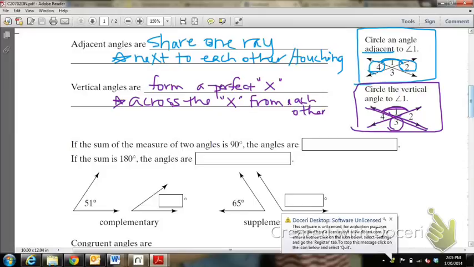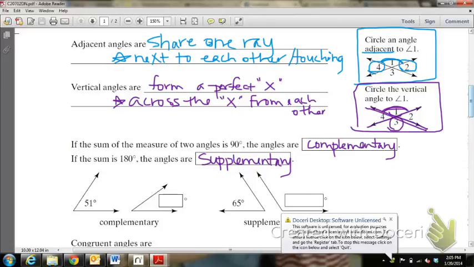And if the sum of two measures is 90 degrees, then we call that complementary. And if the sum is 180 degrees, then it's called supplementary. Okay?